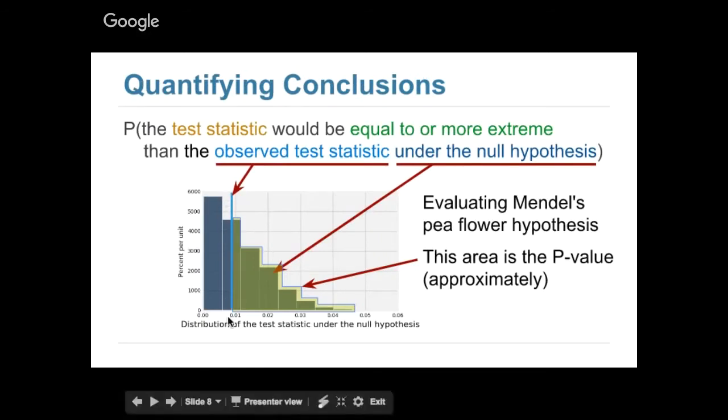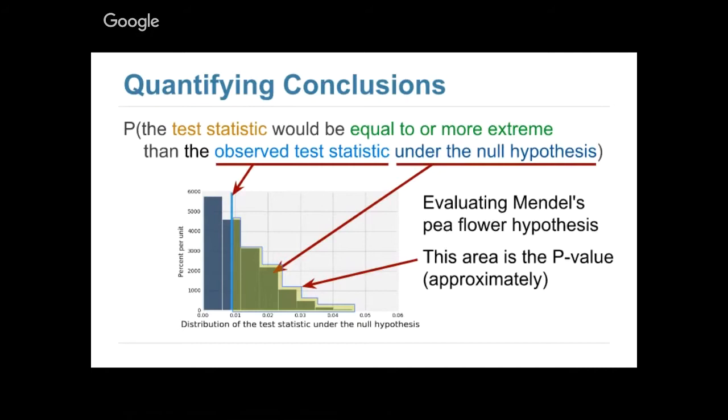Okay, so what we did was Mendel actually grew some plants. He grew a bunch of plants. He found that maybe like 76% of them were purple. We define our test statistic as how far away you are from 75%, which we think is the real ratio.